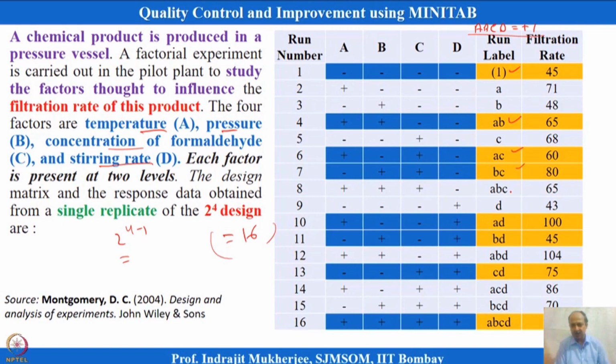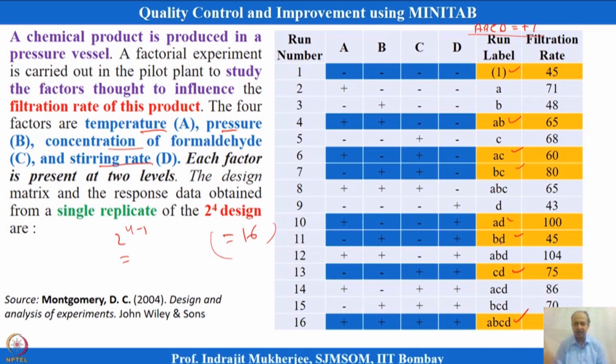So, out of 16 trials, if you run only these 8 trials, we will have some information about which is prominent out of A, B, C and D. That is the sparsity of effects principle we are using over here. If you consider all interactions, you have to run the full factorial design. We do not want to do that; we run half of the fraction and, based on that, just screen the variables over here.